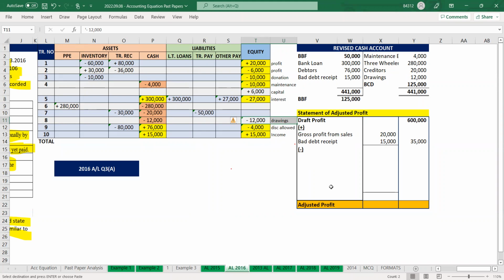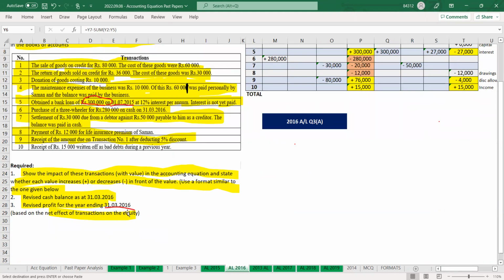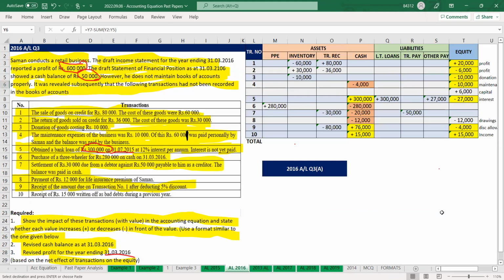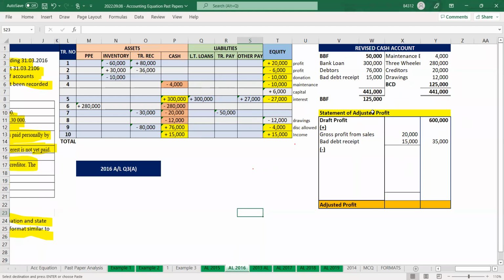So why do we make a statement of adjusted profit? Because in the question, the third part is revised profit for the year ending 31st March. That is why we are making the statement of adjusted or revised profit. You can say revised profit. Both same.